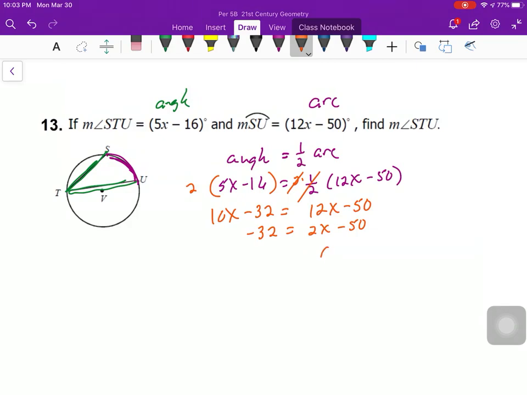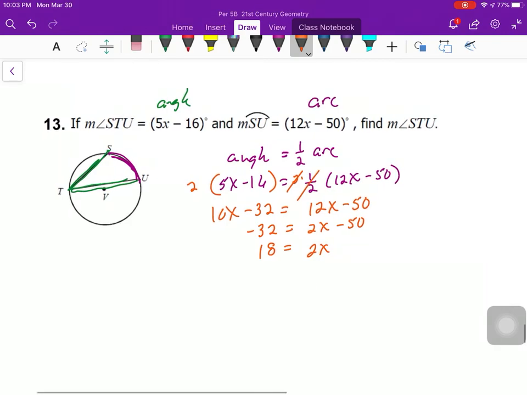Subtract 10x on both sides. Add 50 on both sides. Divide by 2. X is 9.